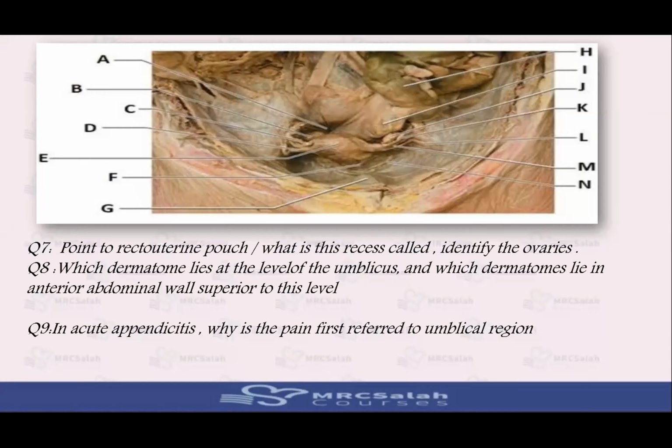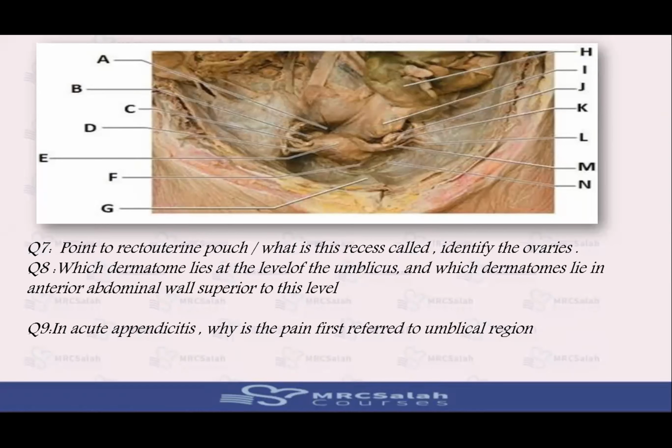Next question. The nerve supplying the muscle fibers going to the conjoint tendon may be injured during appendectomy. What is the root value and the name? It's iliohypogastric, L1. Are you sure it's iliohypogastric? Okay, then it's ilioinguinal. Yes, but the examiner is not going to tell you that.